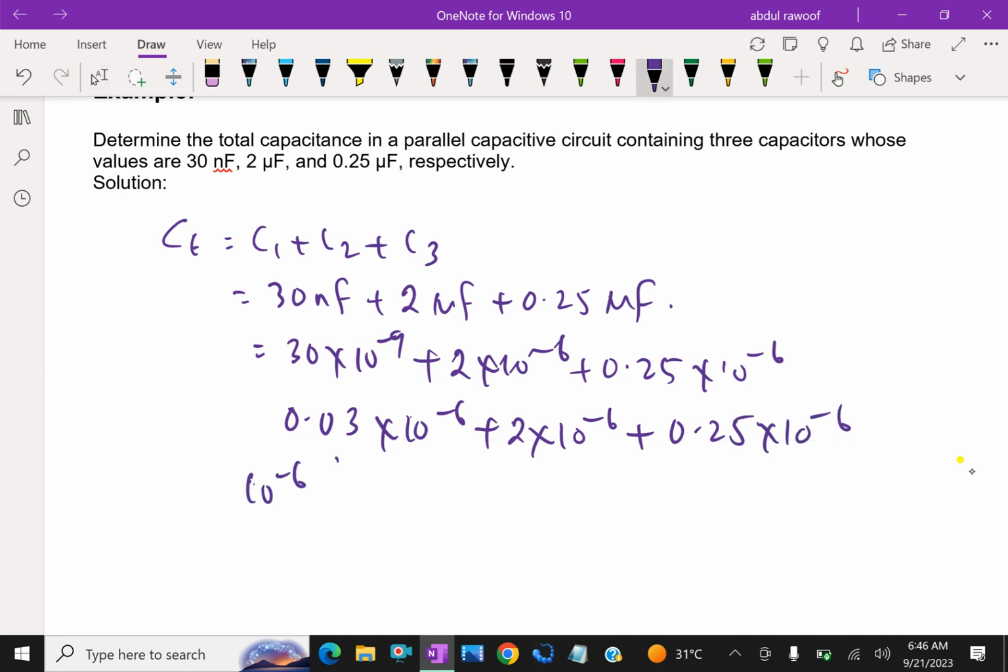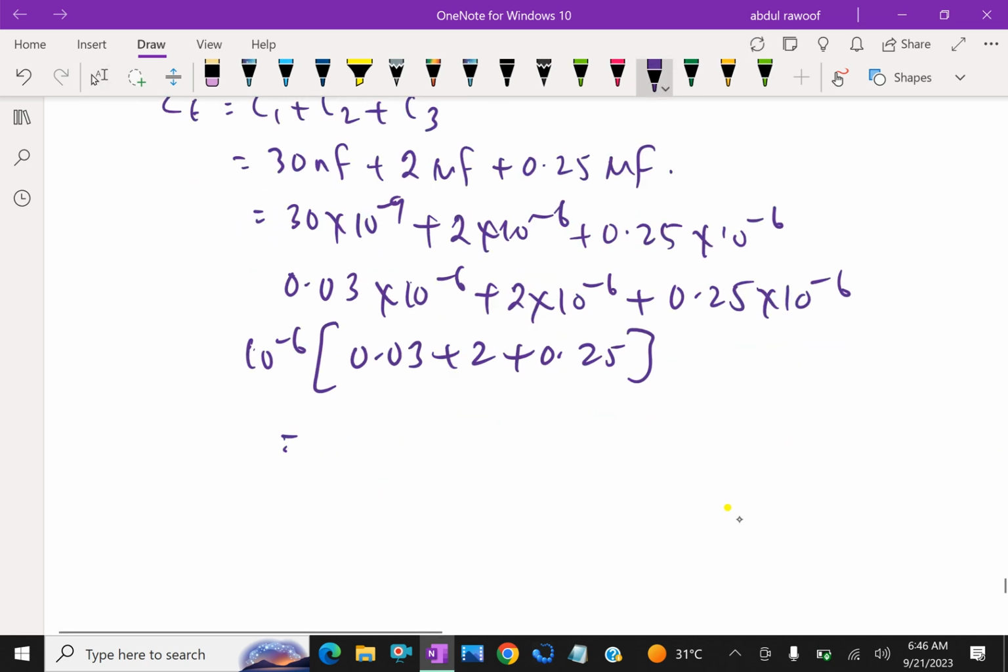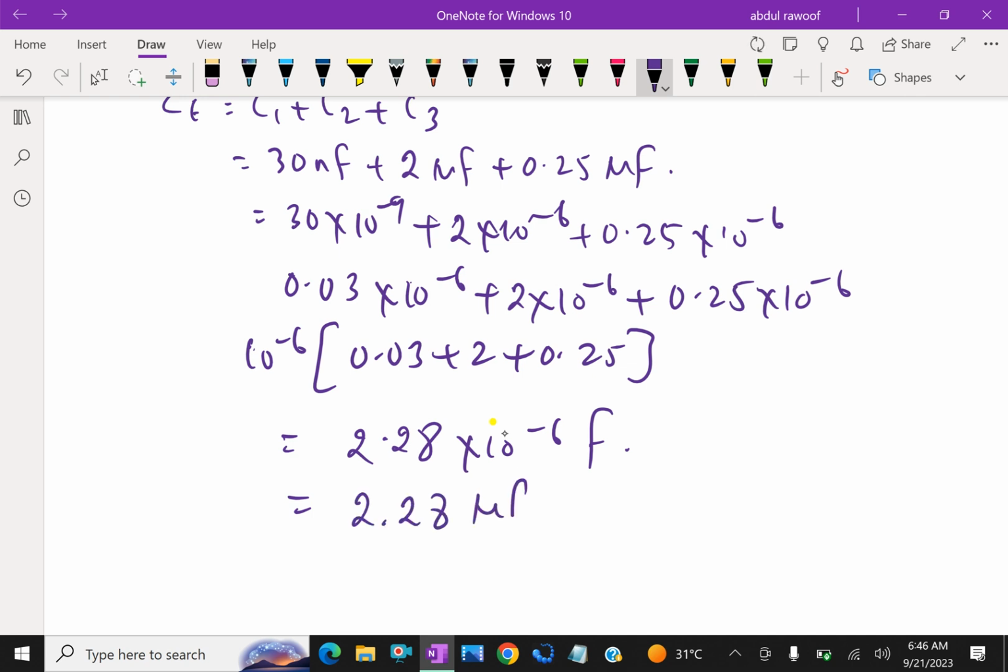Then 10 power minus 6 is taken out common: 0.03 plus 2 plus 0.25, which is equal to 2.28 into 10 power minus 6 farad, which is equal to 2.28 microfarad.